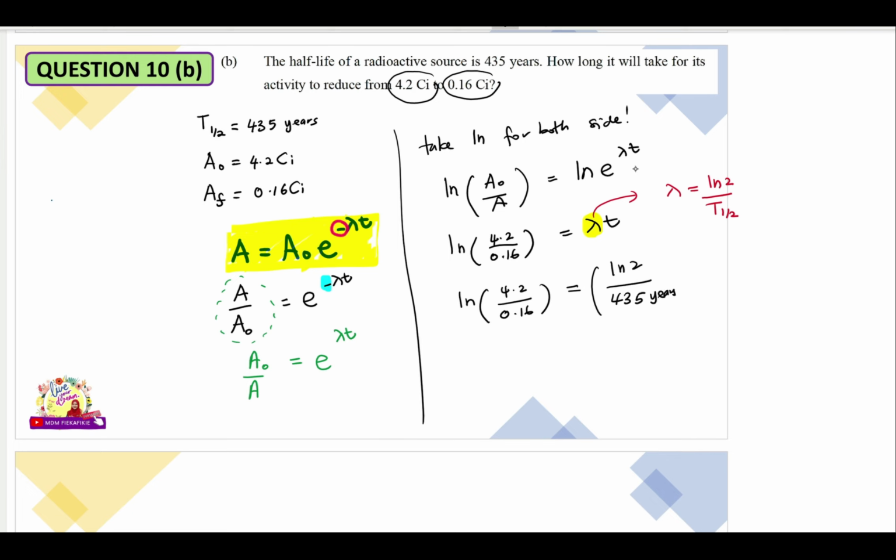Unit dia adalah years times dengan t. Okay, so yang kita nak cari sekarang t. Berapa lama masa yang diambil untuk activity to reduce daripada 4.2 to 0.16 Ki. Okay, so jawapan dia akan mesti dalam tahun jugalah unit dia. 2050 years. Okay. Nah, kalau kita tak tukar kepada minit ataupun second ke, tak apa. Tapi jawapan akhir tu mesti dalam unit yang sama lah, unit years.